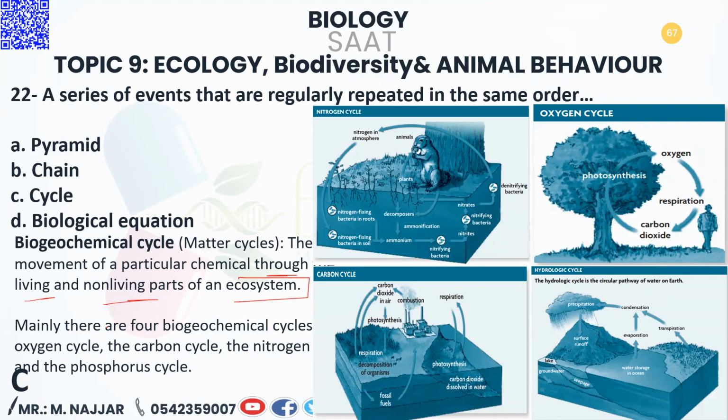We have mainly four biological cycles, and more than this, by the way, such as the oxygen cycle, carbon cycle, nitrogen cycle, phosphorus cycle. All of those are considered examples. Here is the nitrogen cycle, here oxygen cycle, here carbon. The hydrological cycle is simply the water cycle, and the phosphorus cycle.